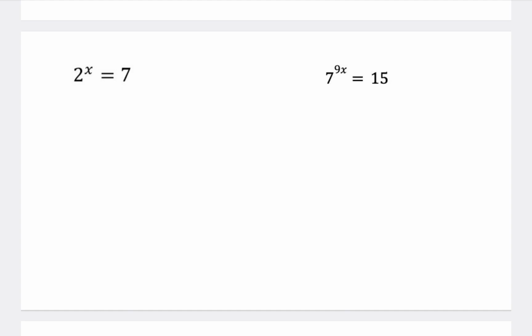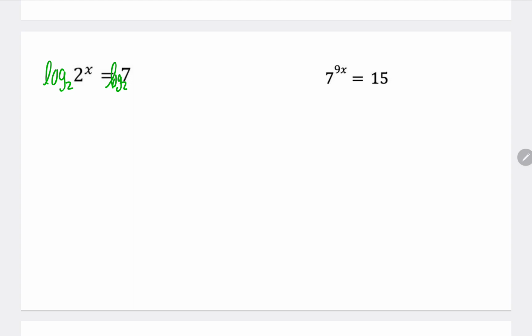So whenever you're trying to get rid of a base, we've got an exponential expression right here, you're going to take the log of both sides, because logarithmic expressions and exponential expressions are inverses of each other. And so to get rid of a base of 2, we're going to take the log base 2 of both sides.